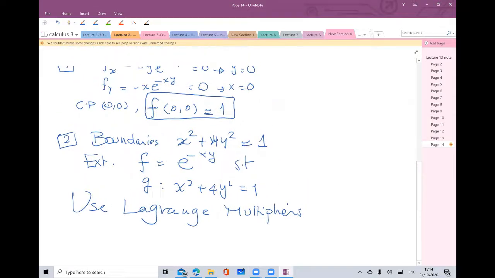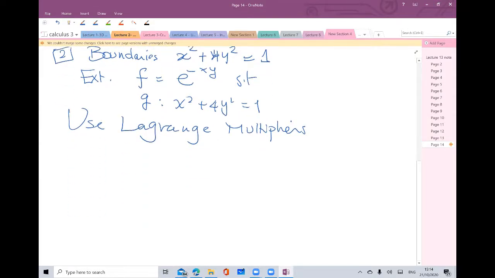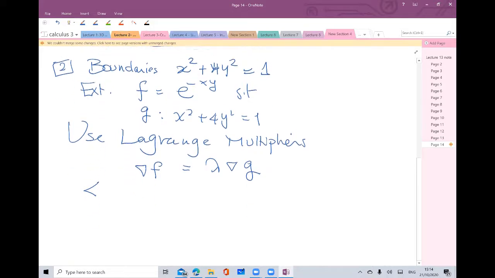So step 2, I'm going to apply Lagrange: the gradient of f equals a scalar times the gradient of g. The gradient of f I already have: minus y e to the minus xy, minus x e to the minus xy, equals lambda times the gradient of g, which is 2x, 8y.